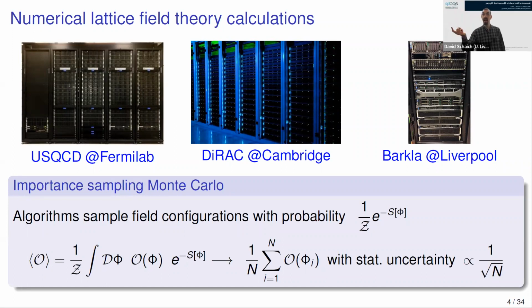This is one of the many N's that will show up in this presentation, where N is simply constrained by the size of the computer and the length of time you are able to or want to run on it. And assuming that all of these N field configurations are decorrelated and statistically independent, the statistical uncertainties scale proportional to 1 over the square root of N in the usual way.